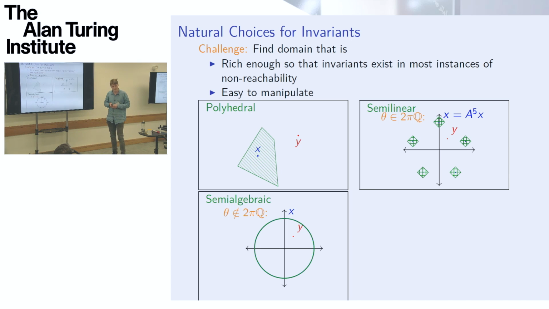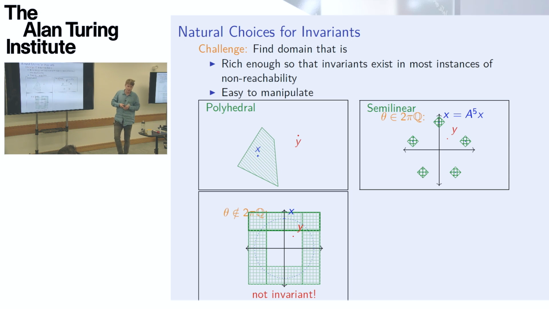So this might be silly, but if you could just go back to the last one. What you want to show is that your orbit avoids y, right? Yeah. So it's not necessary for the invariant to be closed under your transformation. It just needs to contain the orbit and not contain your bad point y.